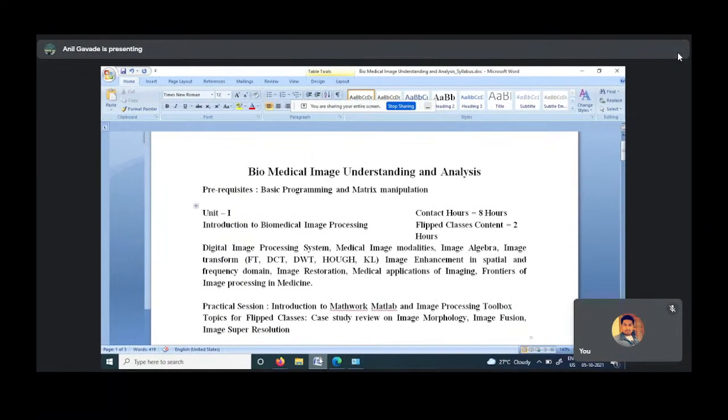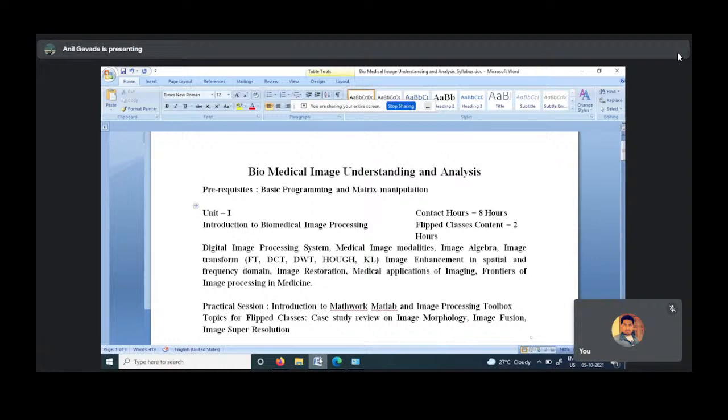So, biomedical image processing is allied to, or a part of, biomedical engineering, which involves more dealing with images and making some assessment. And at the end, these algorithms are programs or assistants to the doctors.